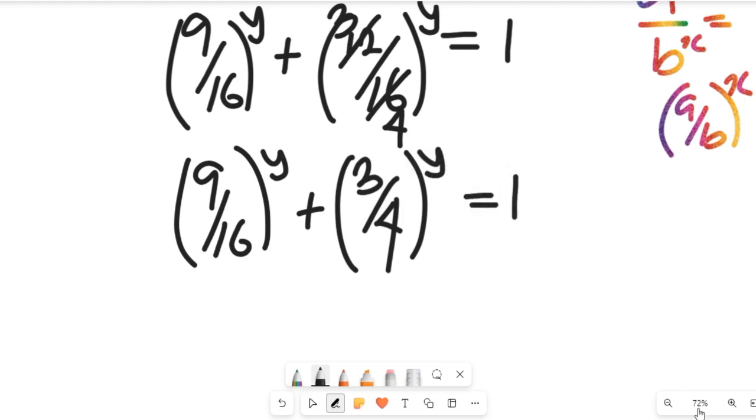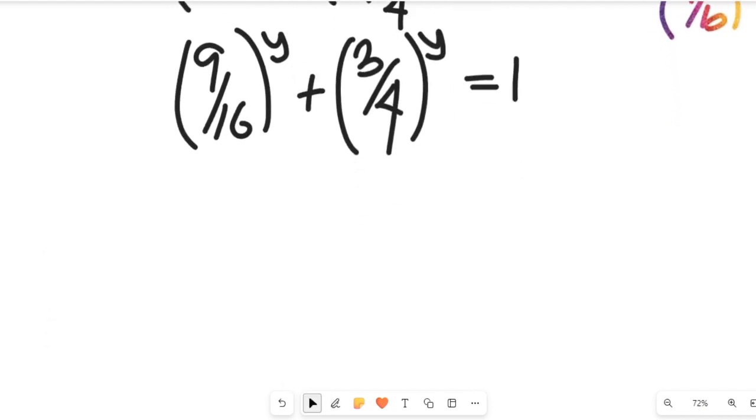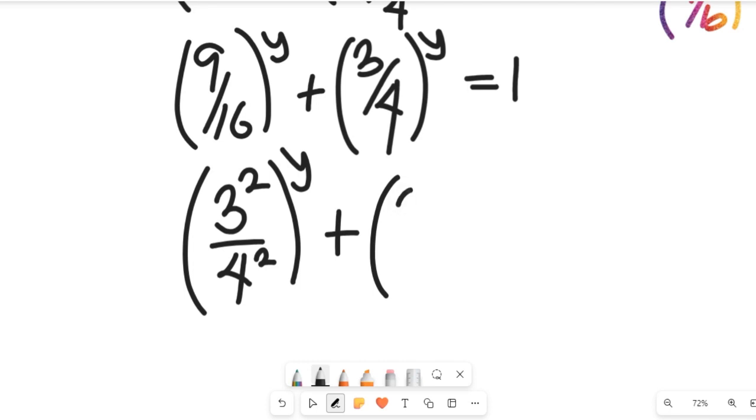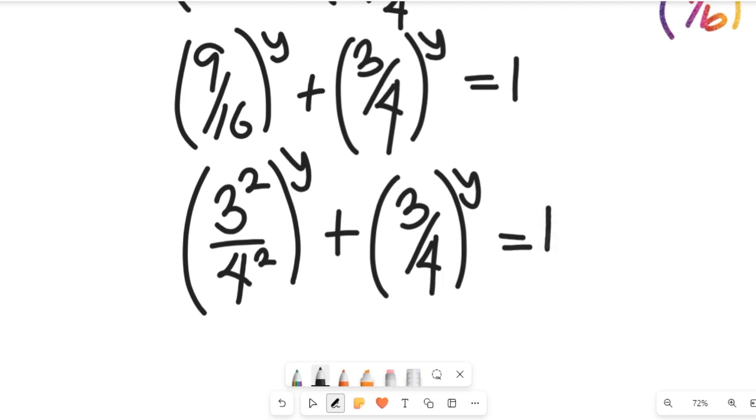So what do we have here? We can still simplify this to give us 3 squared divided by 4 squared, because 4 squared is going to give us 16, right? And this will be all to the power of y plus 3 divided by 4 all to the power of y, equal to 1.